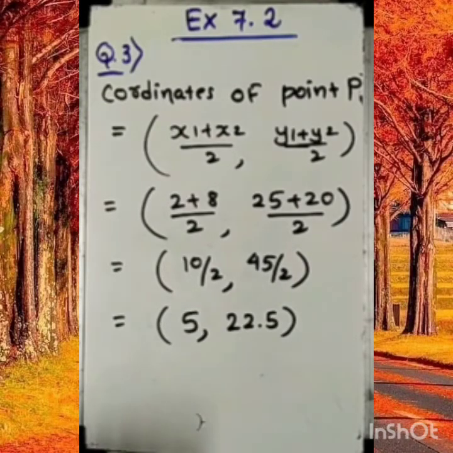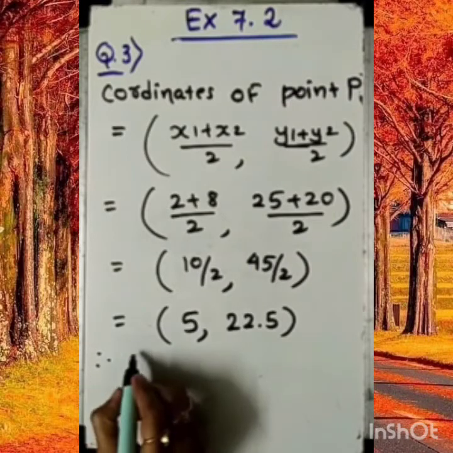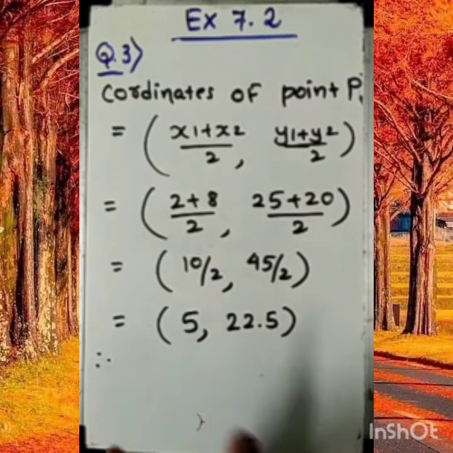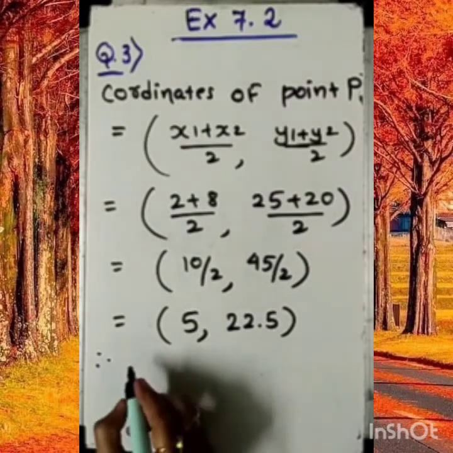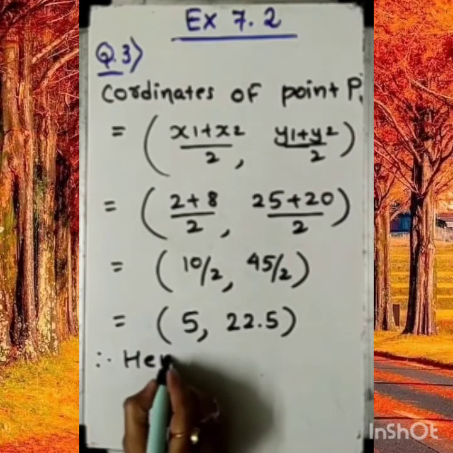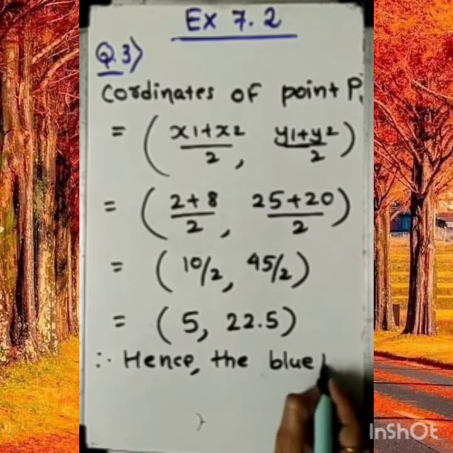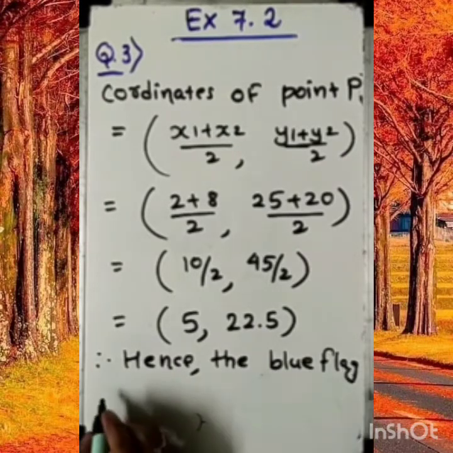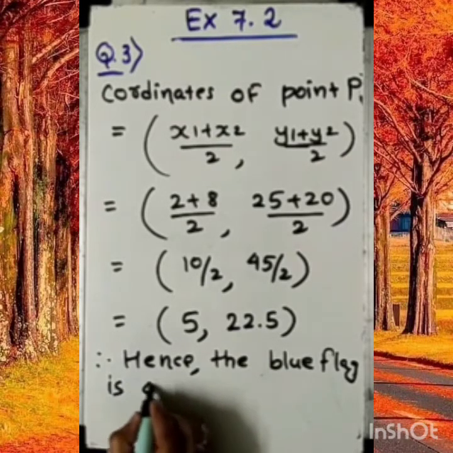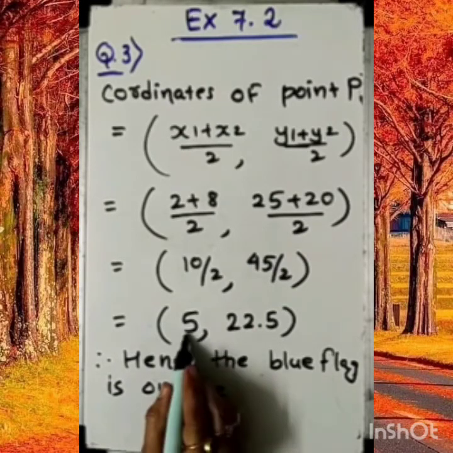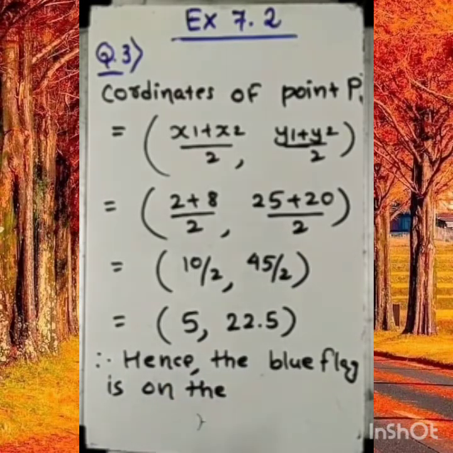So finally, because in the question we are asked the position of the blue flag, we need to write here: hence the blue flag is on which line, because the x coordinate indicates on which line.